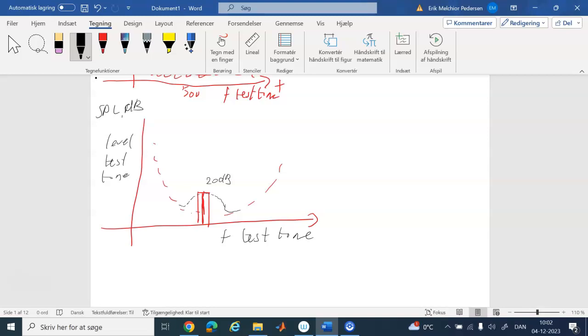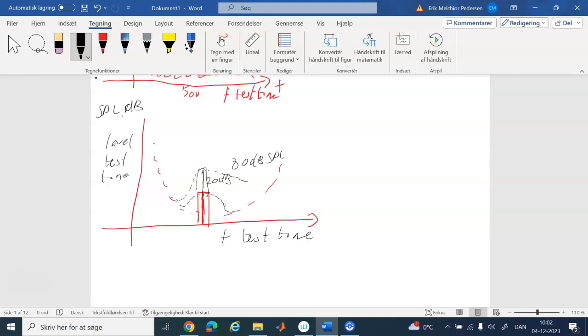If the masking is increased, you get a so-called upward spread of masking. That means if the signal frequency is the same as the masking frequency, the level of the test tone is maximum.